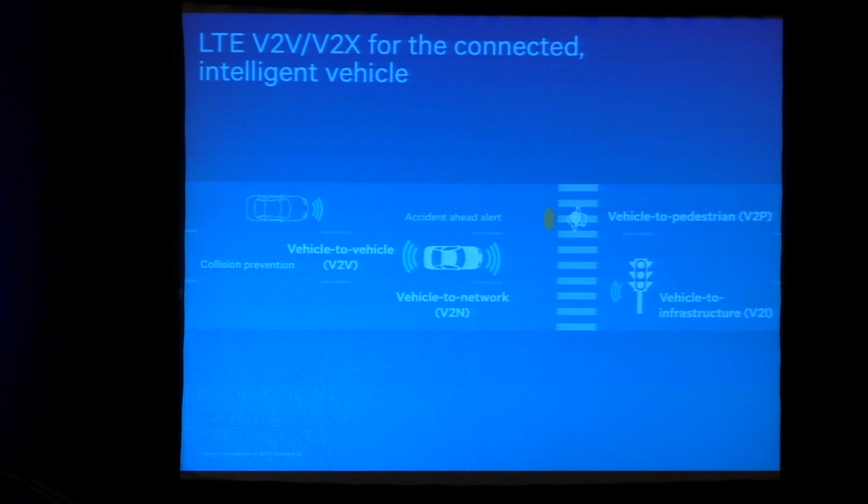Okay, I'm going to talk a little bit more about V2V and V2X. It just turns out, if you look at this picture, it probably wasn't intended, but this picture is actually a diagram of one of the accident scenarios that's, unfortunately, quite common.